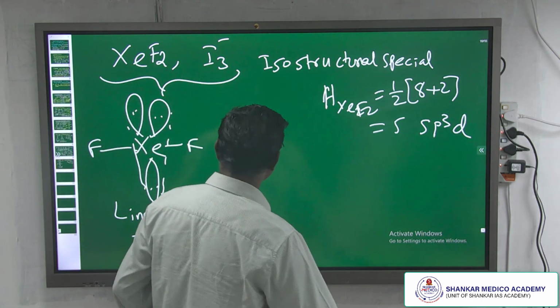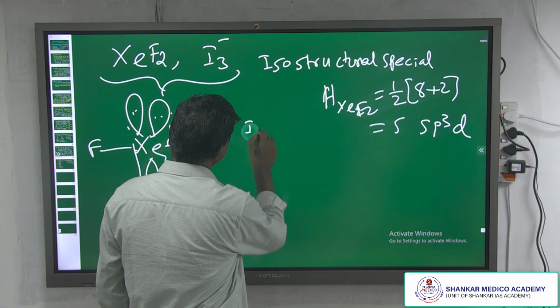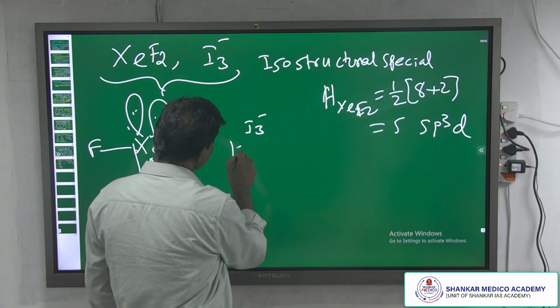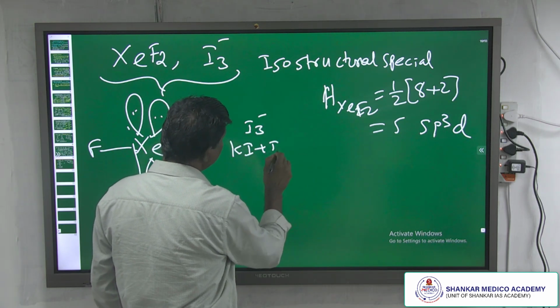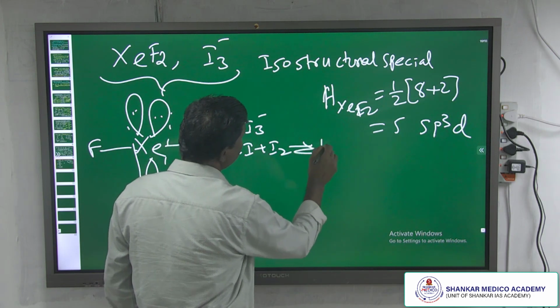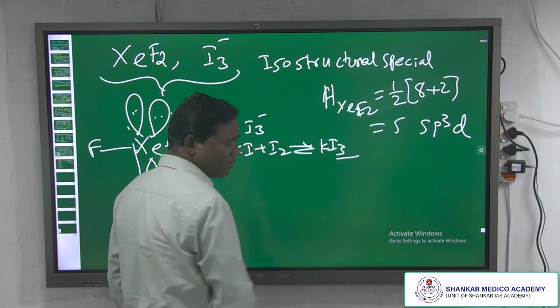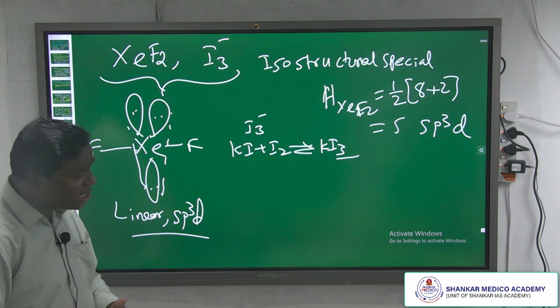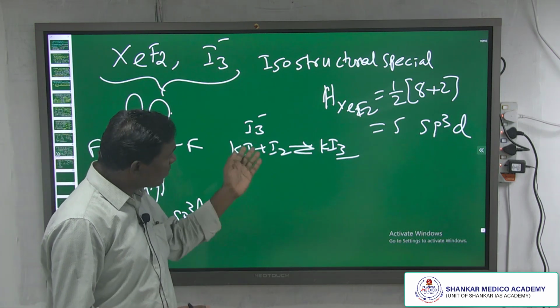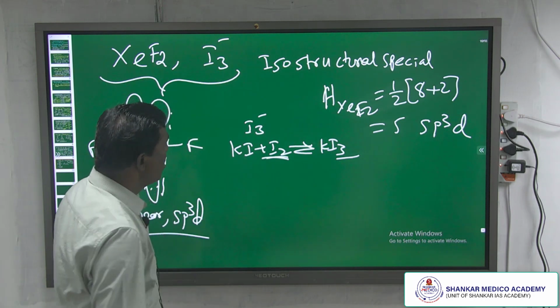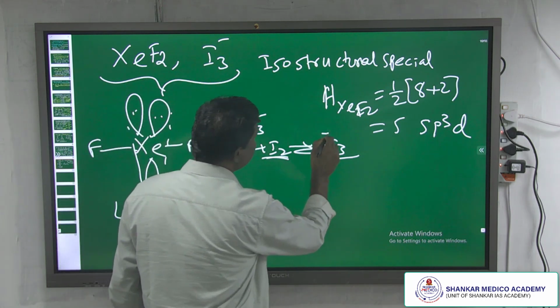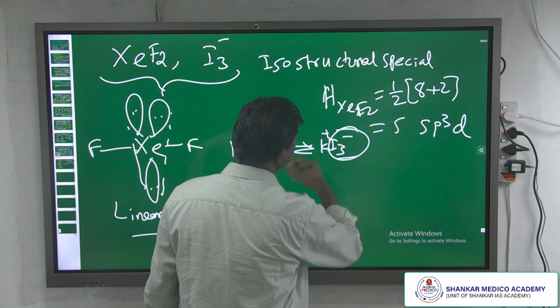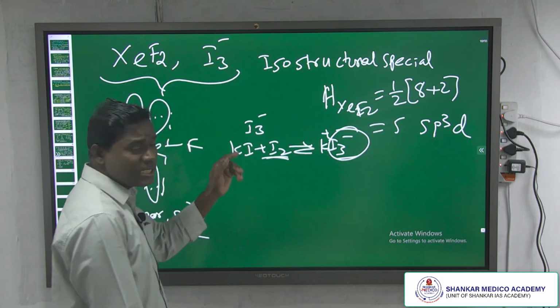And one more example I will show you, I3 minus. Generally, potassium iodide plus I2 under equilibrium gives KI3, it is used in titration. In many titrations, you have to add starch, and at the titration endpoint you will get the blue color due to the formation of iodine molecules. So, K plus I3 minus, this triiodide ion is existing.